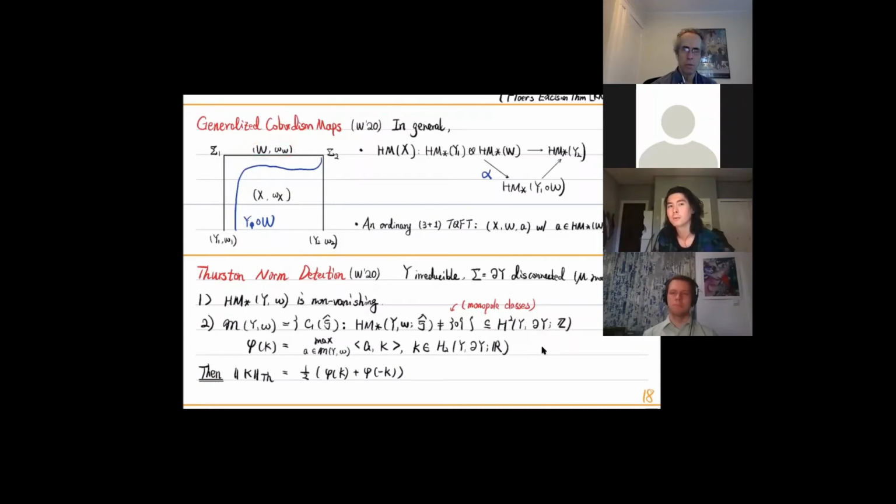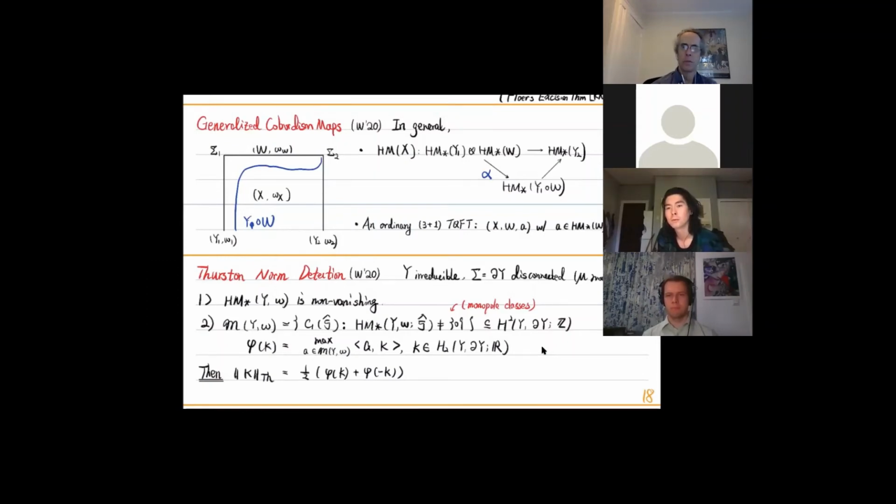In our case, if you pick a contact structure, maybe you can also define a contact element here. And if you make A the contact element, then this structure is pretty similar to the sutured cobordism picture. But so far, I don't know how to define a contact element.